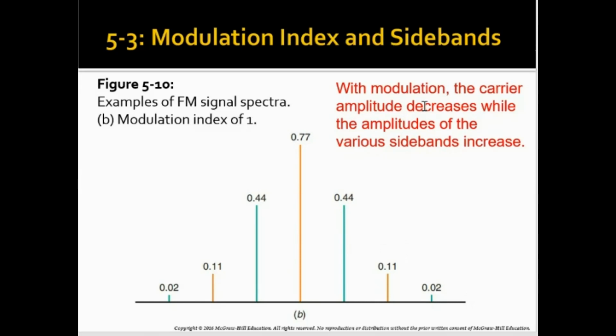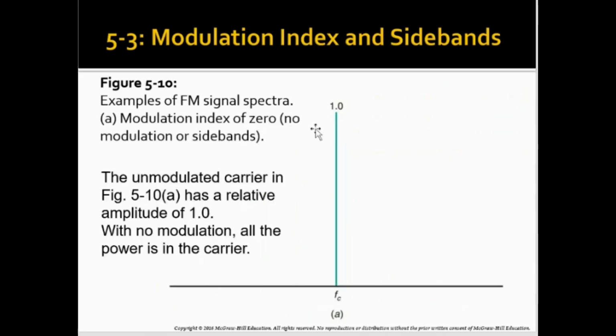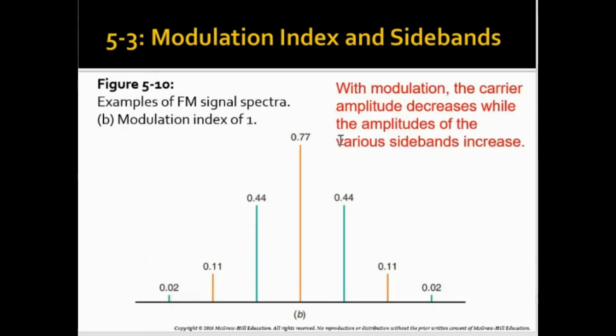So with modulation, the carrier amplitude decreases while the amplitudes of the various sidebands increase. In our first example, there was no sideband. All the power is in the carrier. But when you have the sidebands, the power of the carrier is reduced, while we have power in the other sidebands.